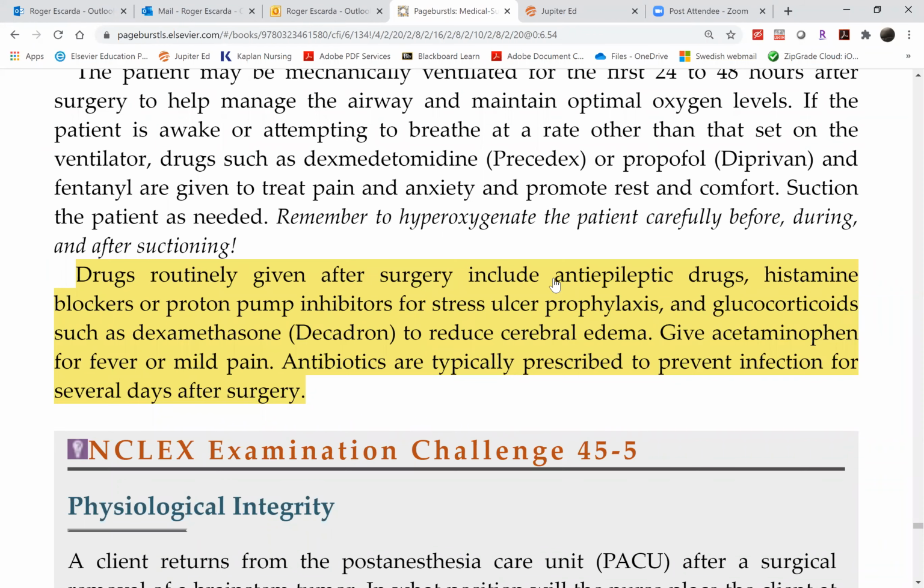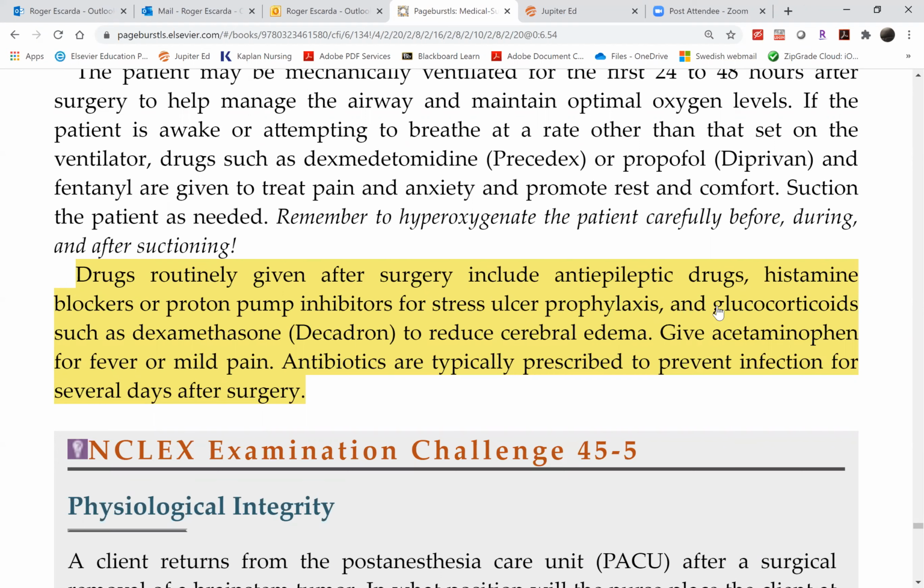They continue the anti-epileptic drugs there because there is still some chance that the ICP increases, and one of the consequences of increased ICP is a seizure, which again will make the ICP worse. The other drugs like H2 receptor blockers or PPIs are for GI prophylaxis for stress ulcers, because these patients are bedbound.